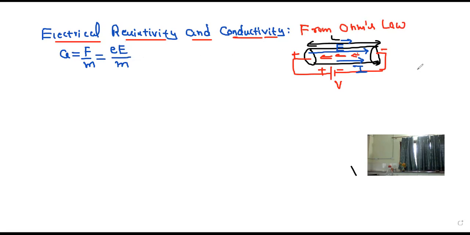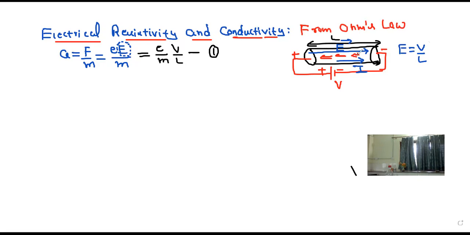E can be written as V/L, where V is the voltage and L is the length of the conductor. So now I can replace this E by V/L. So what I get: acceleration a = (e/M)(V/L). Let me call this my equation number 1.